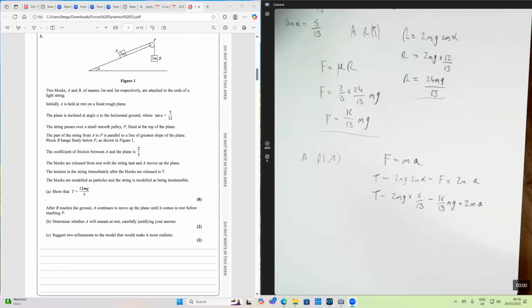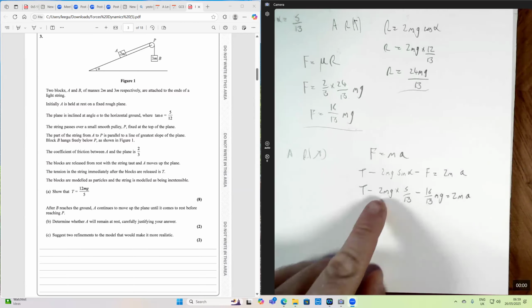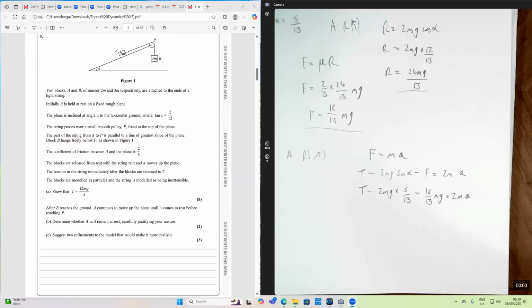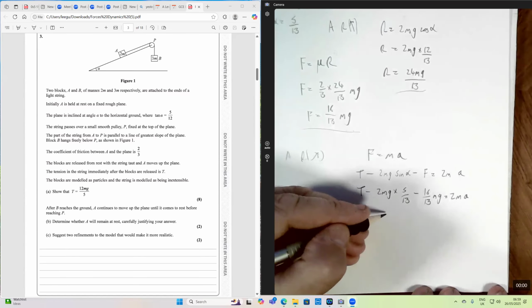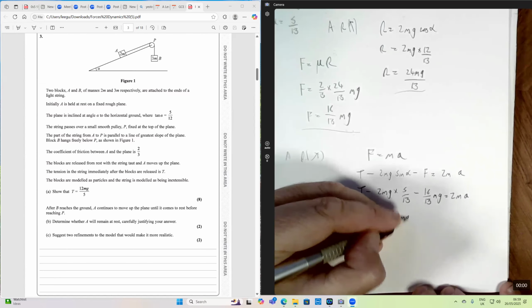Okay, that's looking good. I think we can combine some of these terms now. So we're going to have that times that giving us 10/13, and we're going to add to that 16/13. So that's going to give us minus 26/13 mg.